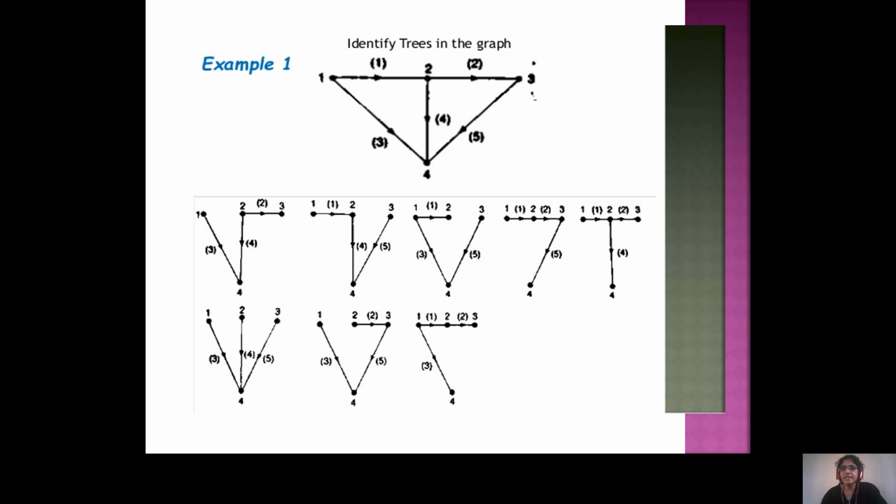Next 1, 2, 3, 4, and 1, 4, 3 and 2. Next 1, 4, 3, 2. So 4, 1, 2, 3. Like that in all graphs, when you observe that there is no loop, but it connects all the nodes, that is called a tree.